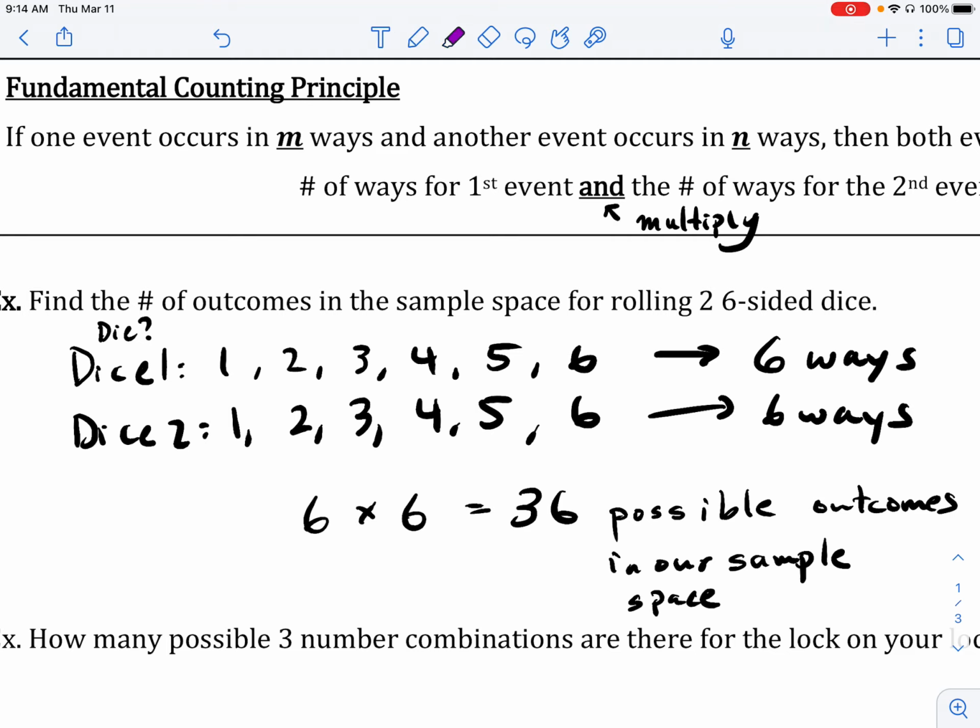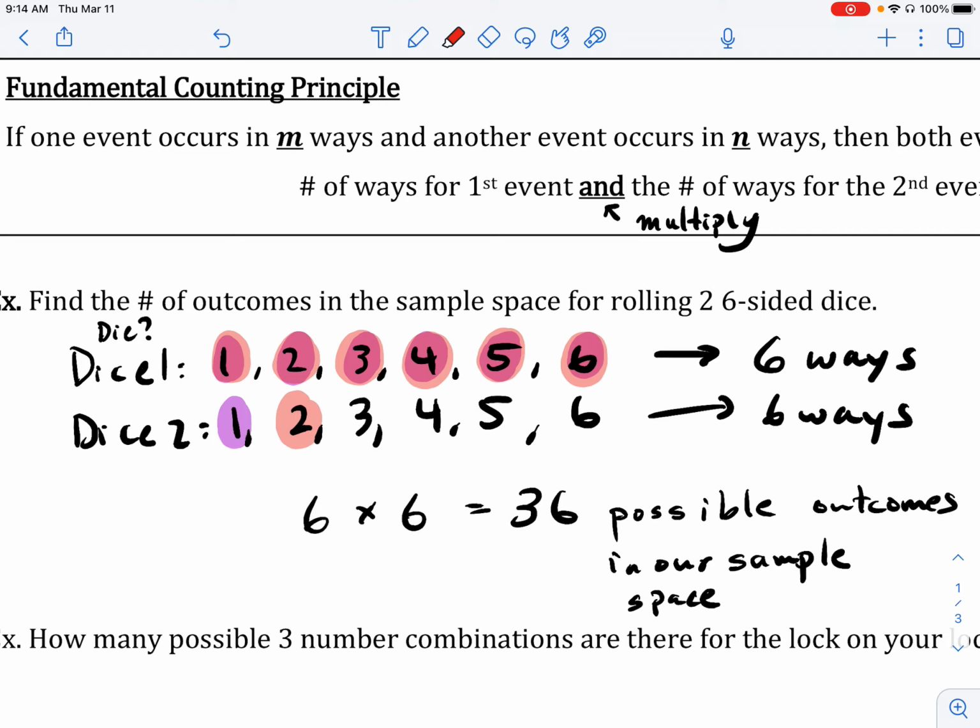Like, we could go ahead and say, all right, we could have this first 1 matching up with this 1, this 2 matching up with the 1, this 3 matching up with the 1, this 4 matching up with the 1, and so on. So that would give you 6. And then if we move on to the next row, we could then say, all right, well, how about when this 1 matches up with the 2, this 2 matches up with the 2, this 3, this 4, this 5, this 6.